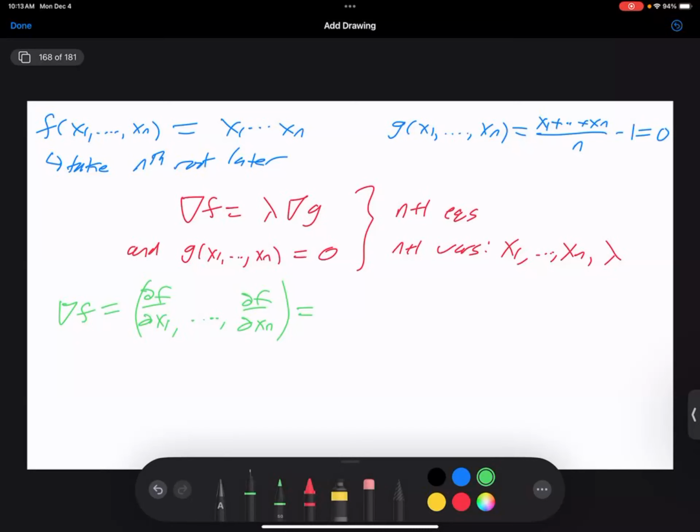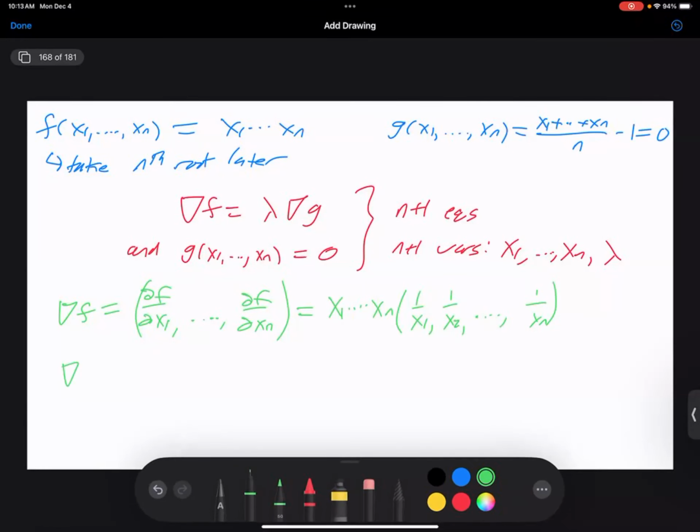Everything except for x1. And what do you get when you differentiate with respect to x2? You can write this, if you want, as x1 through xn times (1/x1, 1/x2, ..., 1/xn). That's a nice way: everything but x1 is the same as everything divided by x1. And this just makes the algebra a lot easier.